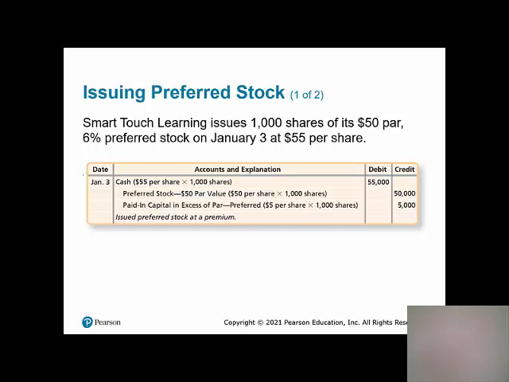So $50 times 1,000 shares would be 50,000. Now the difference between the amount that we received, 55,000, and the credit to preferred stock would be credited to paid-in capital in excess of par preferred, so that amount would be $5,000.